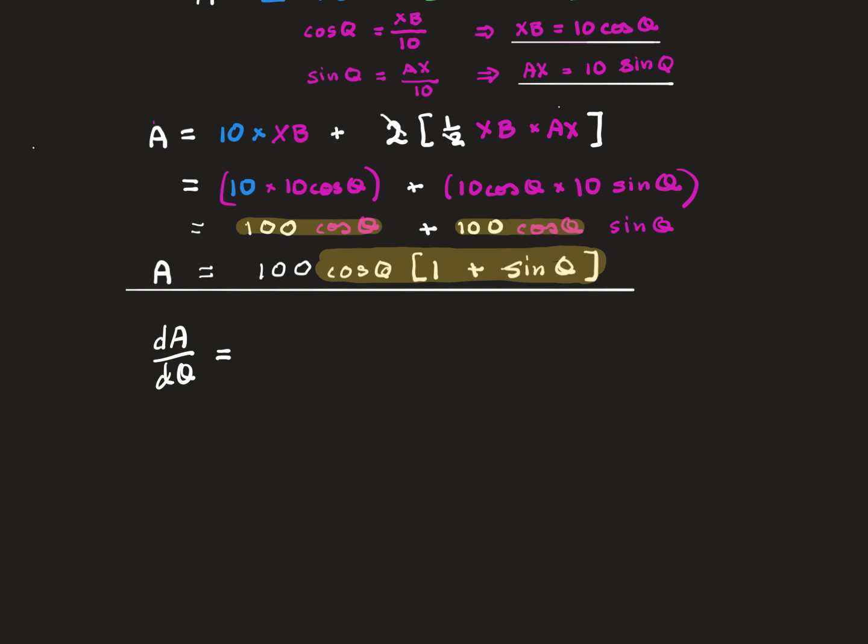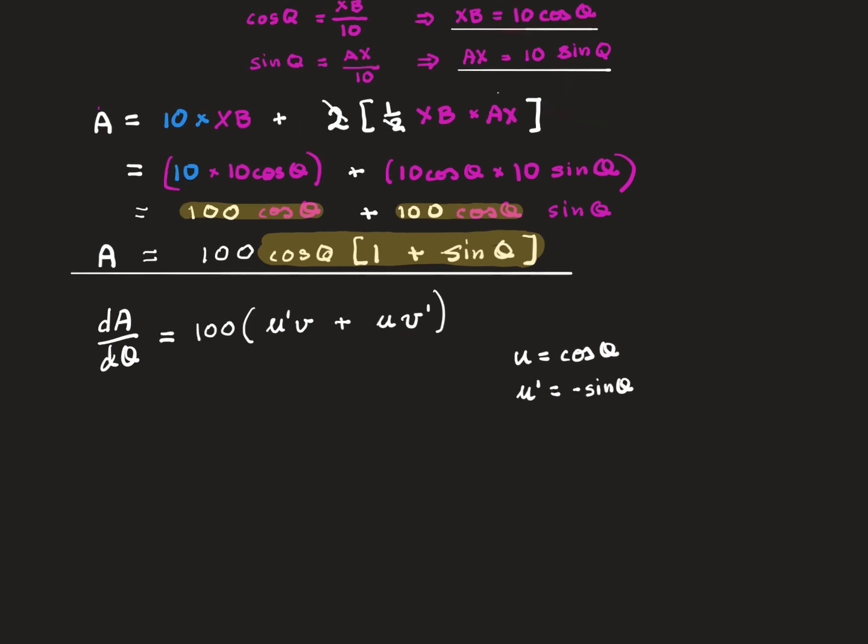I will take the 100 out, okay, and I will try and do u dash v plus u v dash, where u is equal to cos theta, and therefore u dash is equal to minus sine theta, and v is going to be 1 plus sine theta, and v dash is going to be cos theta.